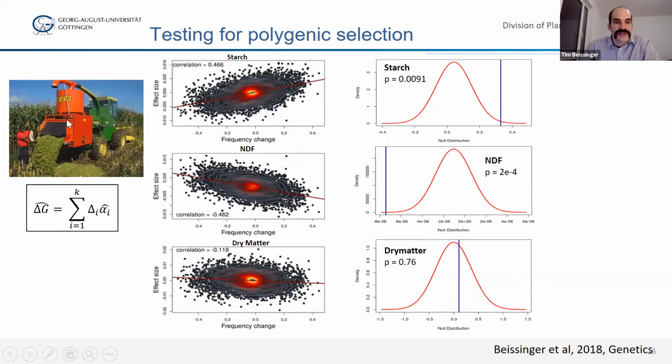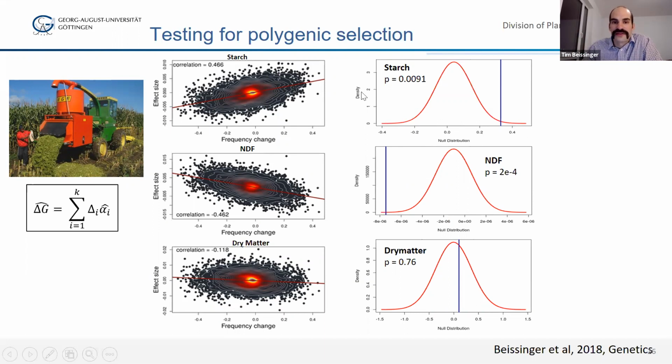So back to this Wisconsin quality silage population I was talking about. As you can see, for these three traits I mentioned early on, starch, neutral detergent fiber, and dry matter, we applied the Ghat statistic or the Ghat test, and we found basically exactly what we expected based on the known phenotypic trend of the population.